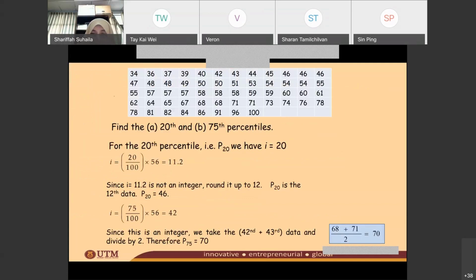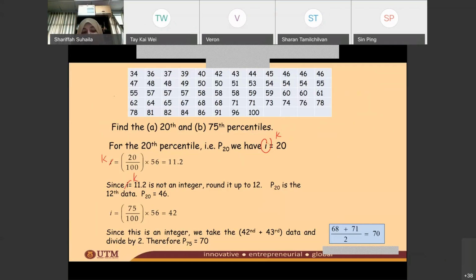If you want to change this one, k is okay too. Maybe it's confusing as a variable because I wrote i earlier, so maybe I just change it. Okay, so you have your k equals 20. So 20 divided by 100 times your total number of observations, which is 56. Okay, you find that it is 11.2.